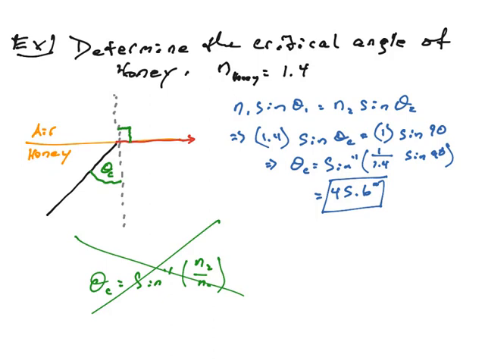Don't memorize that. There's no reason to. It's true, but the fewer things you try to memorize, the fewer equations you try to work with, the better off you're going to be. Just remember Snell's Law for everything refraction, and you'll be fine. All you have to do is know critical angle means theta 2 is 90 degrees. That's it.